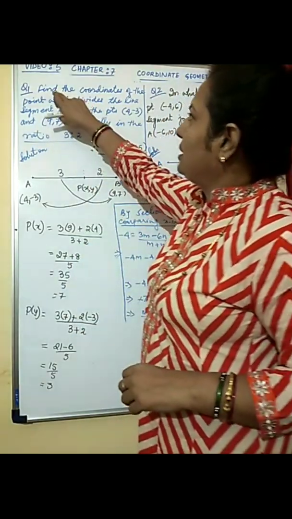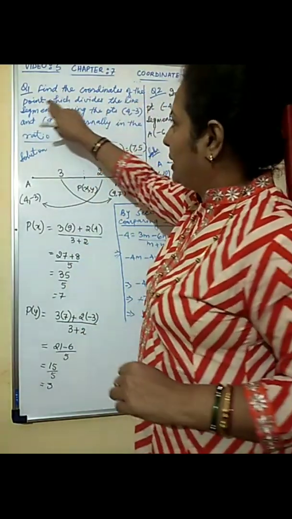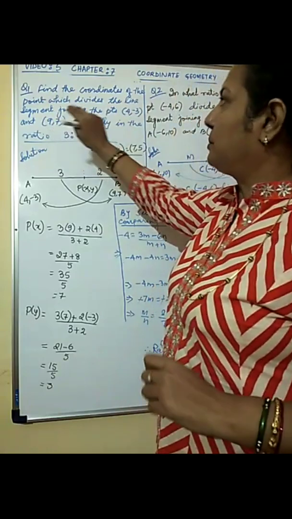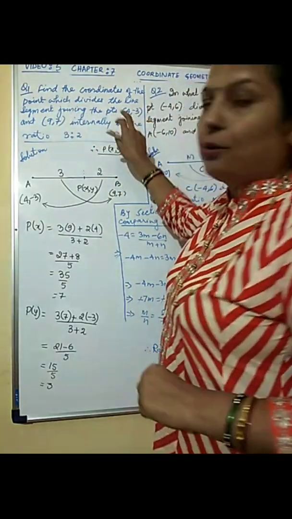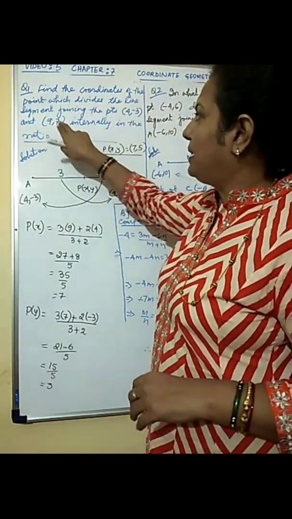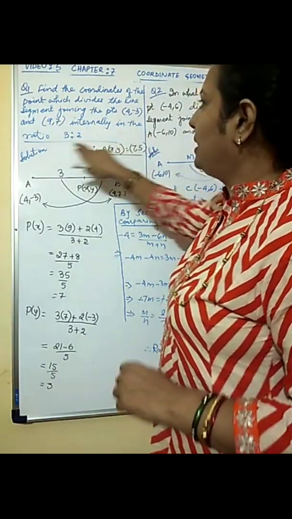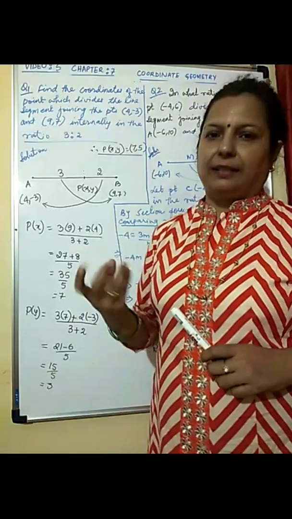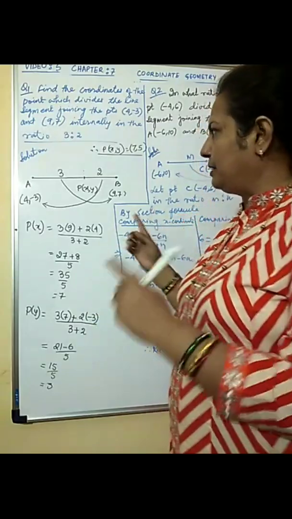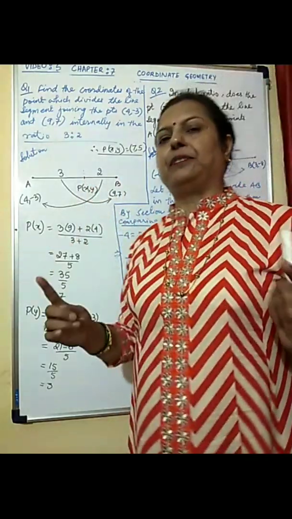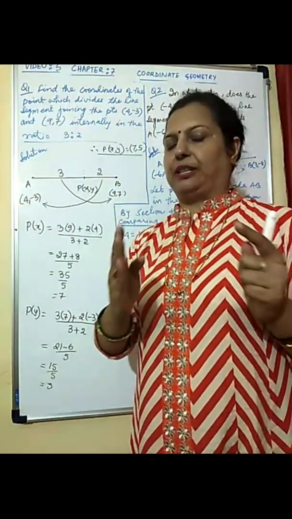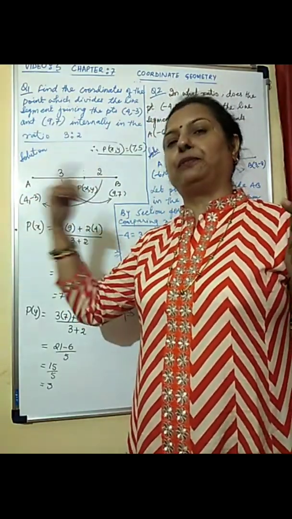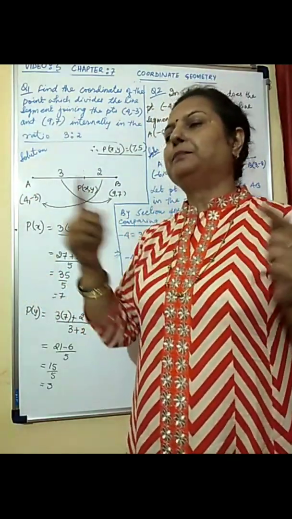So the first question is, find the coordinates of the point which divides the line segment joining the points (4, -3) and (9, 7) internally in the ratio 3:2. First understand what we mean by internal and external. Internal means the point of division lies between the 2 points. External means the point of division may lie outside the 2 points.